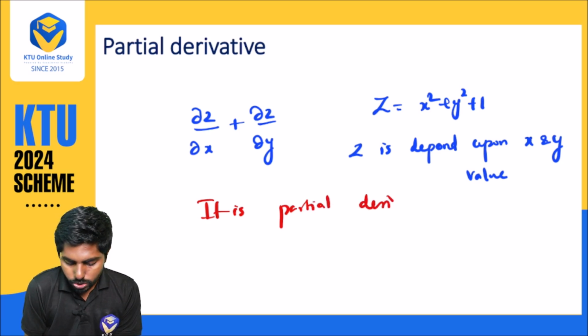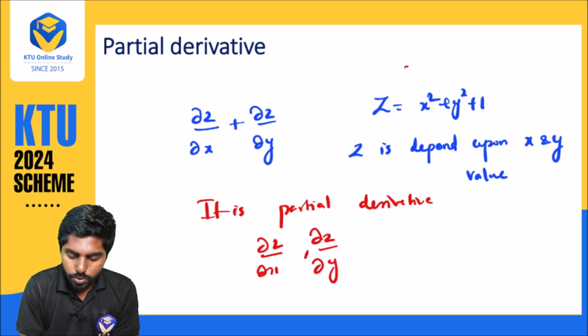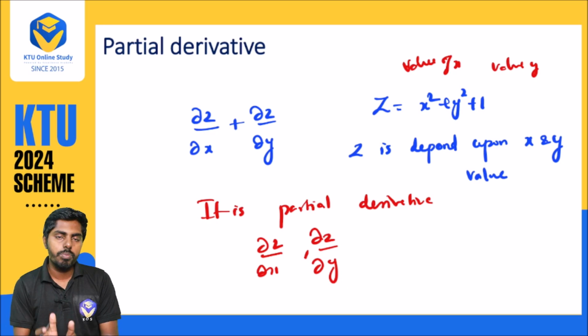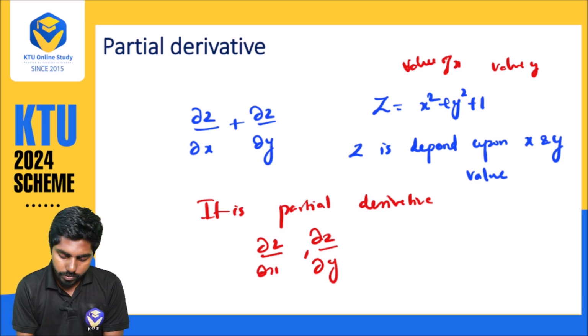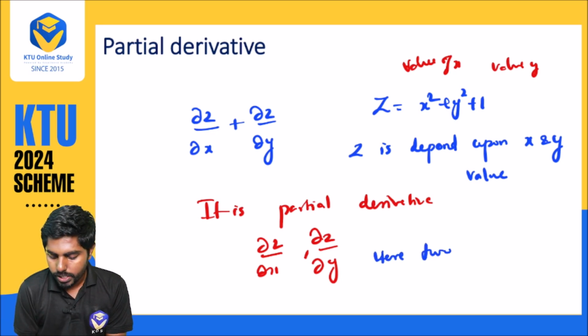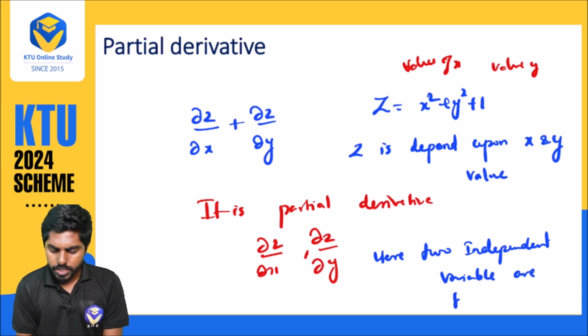That means dou z by dou x, comma, dou z by dou y. Here z depends upon the value of x and the value of y. That is the reason we are saying it is a partial derivative. Here we want to take the partial derivative when there is more than one independent variable, because here two independent variables are there.